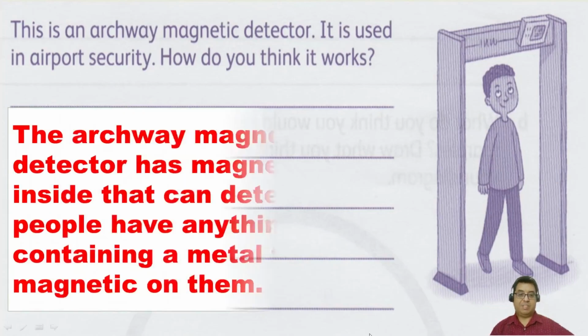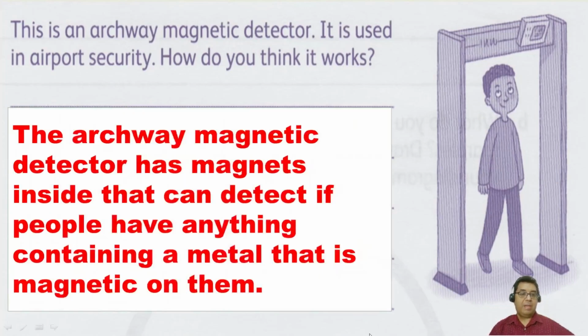I would say the archway magnetic detector has magnets inside that can detect if people have anything containing a metal that is magnetic on them. That's how that one works. If you didn't quite say it like that, but it's similar, great job. And again, if you want to share your answer, drop it in the comments down below.